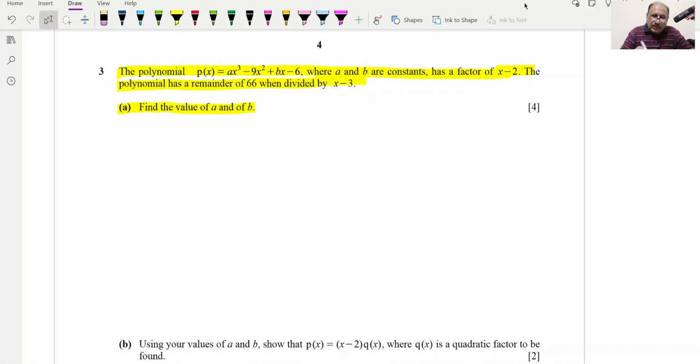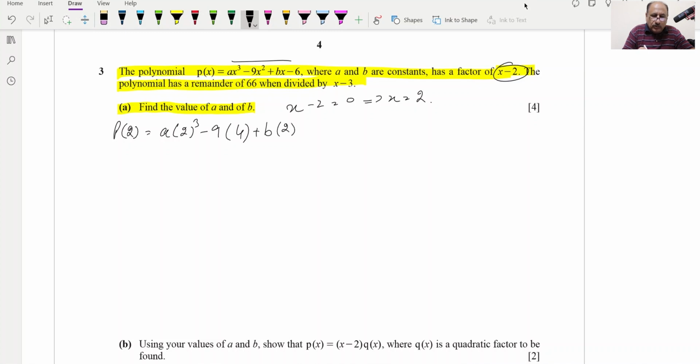we can take x minus 2 equal to 0. This implies x is equal to 2, and by the factor theorem, we can find p of 2. So a into 2 raised to the power 3 minus, I'm replacing in this equation, minus 9 into 2 square, which will be 4, so directly I'll write 4, plus b into 2, and minus 6, and we'll put it equal to 0.